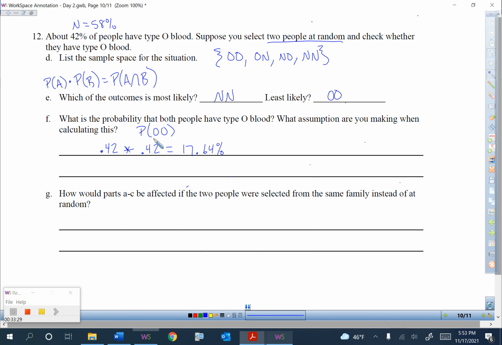When we're saying OO, we're saying O and O is happening. That's the intersection, and we can multiply the two separate probabilities because the first person having O will not change the likelihood of the second person having O. So we're assuming that the events are independent.